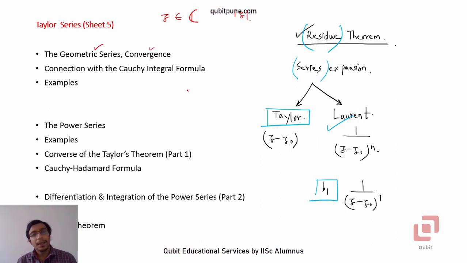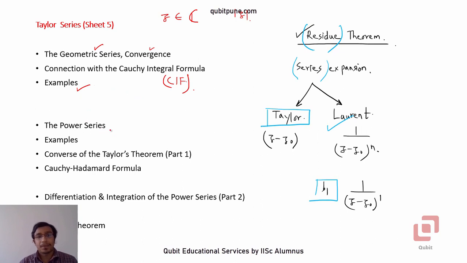Then we will see how the geometric series is linked to Cauchy's integral formula. This has something to do with the denominator of the integrand in Cauchy's integral formula, and then we will see examples wherein we find the region where the geometric series actually converges.